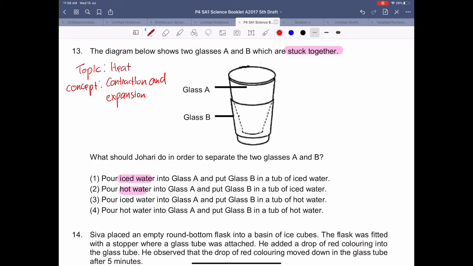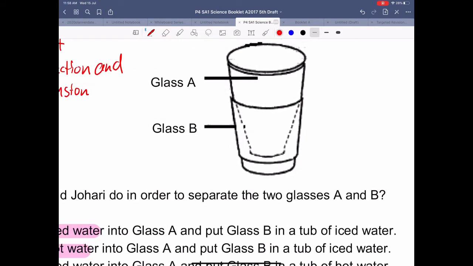So basically, in this case, I need glass B to expand and glass A to contract because I want glass A to become smaller. If you take a look at it, glass A is actually stuck in glass B. So I need glass B to expand and I need glass A to contract or at least remain the same.